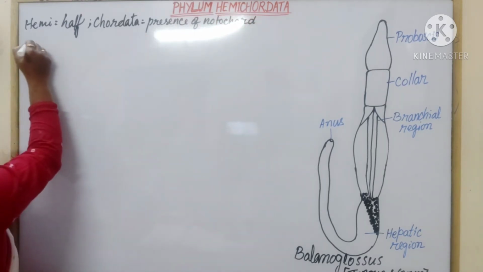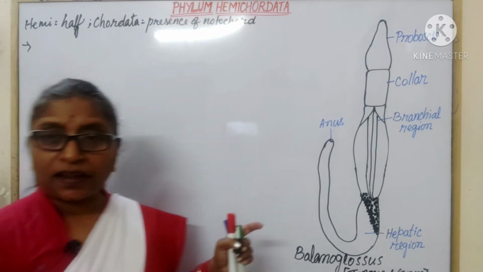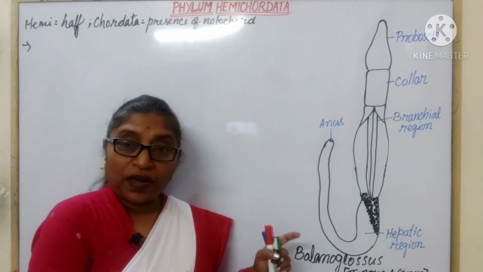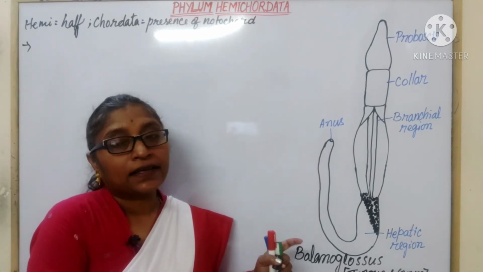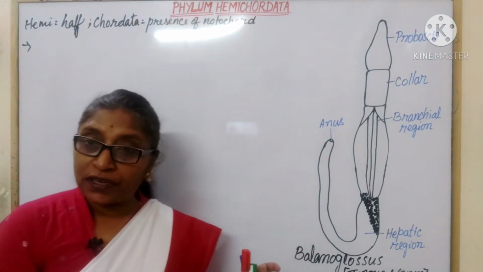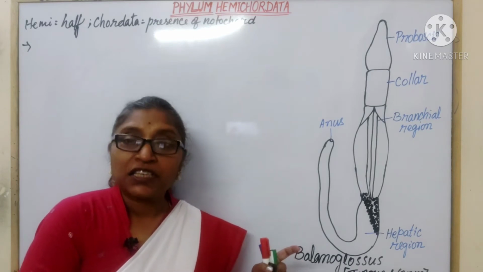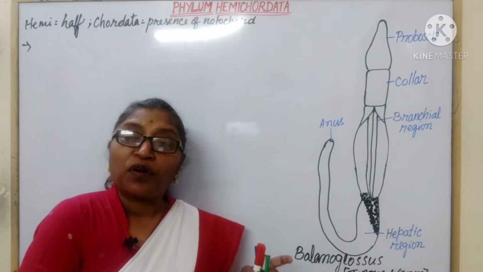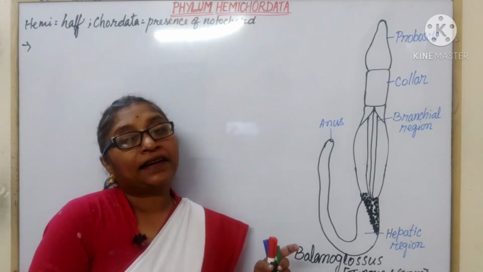These are considered as the hemichordata. The animals of hemichordata were considered as the primitive chordates. Primitive chordates because it was understood that the notochord is present in its anterior region.